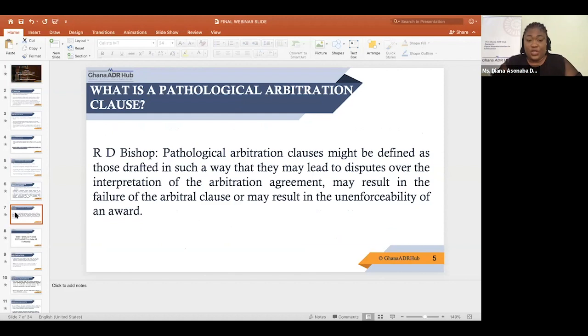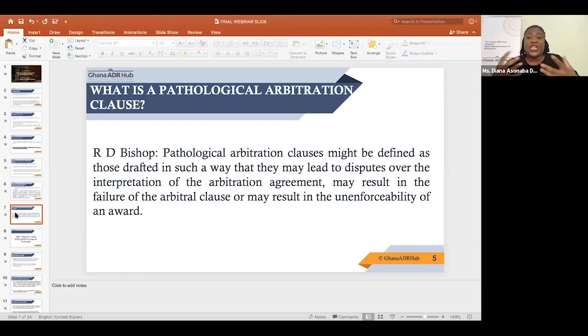Now, Dr. Bishop also defines a pathological arbitration clause as a clause that is drafted in a way that may lead to disputes over the interpretation of the arbitration agreement, or may result in the failure of the arbitral clause in itself, or may result in the unenforceability of an award.